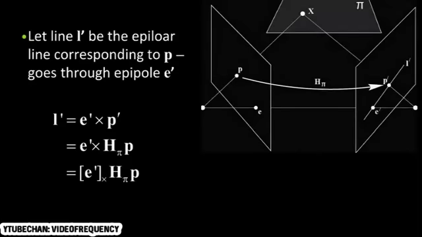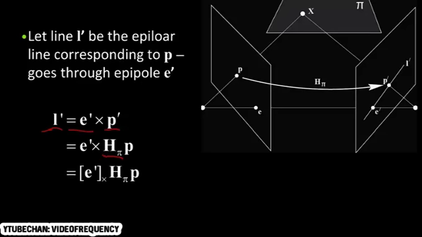So here I just wrote that L prime is just going to be the cross product of E prime and P prime. But wait, we said that there's a homography H that maps between P prime and P. So I'm just going to substitute H times P for P prime.